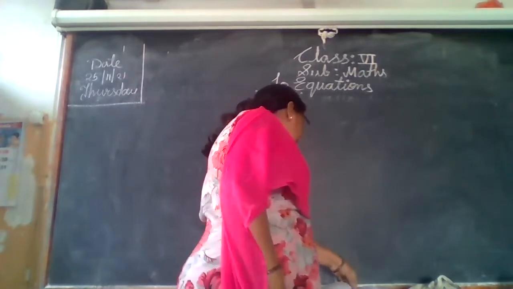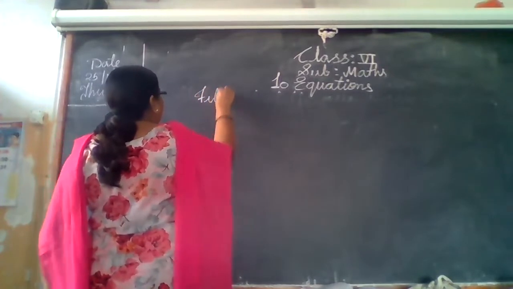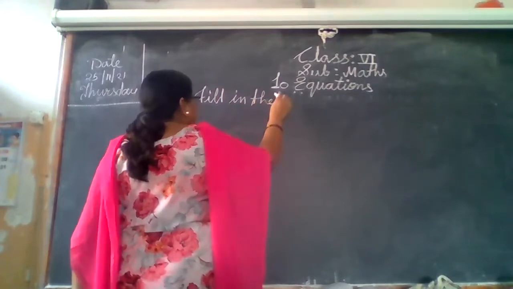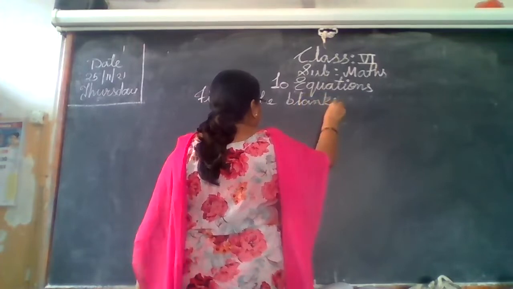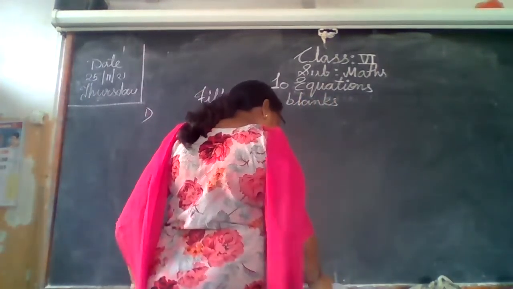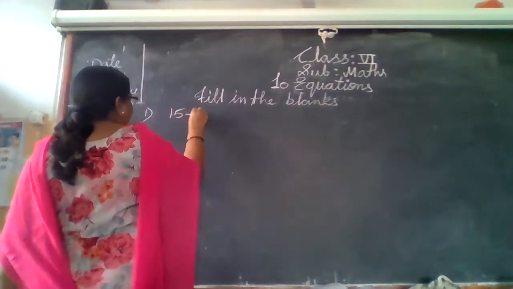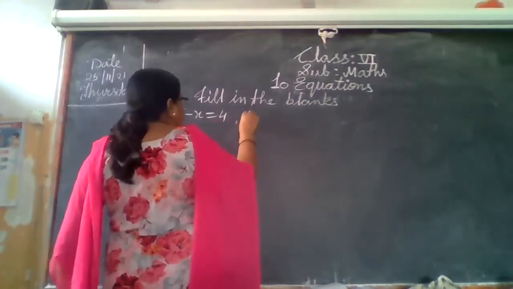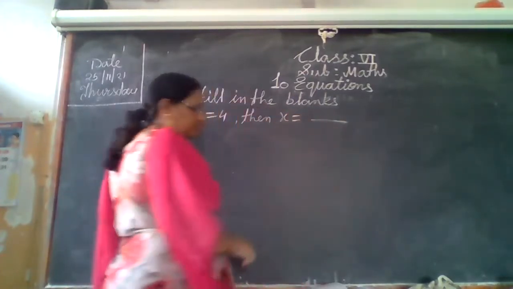Okay. So write down some fill-ups in the question, fill in the blanks. 15 minus x equals to 4, so x equals to dash.